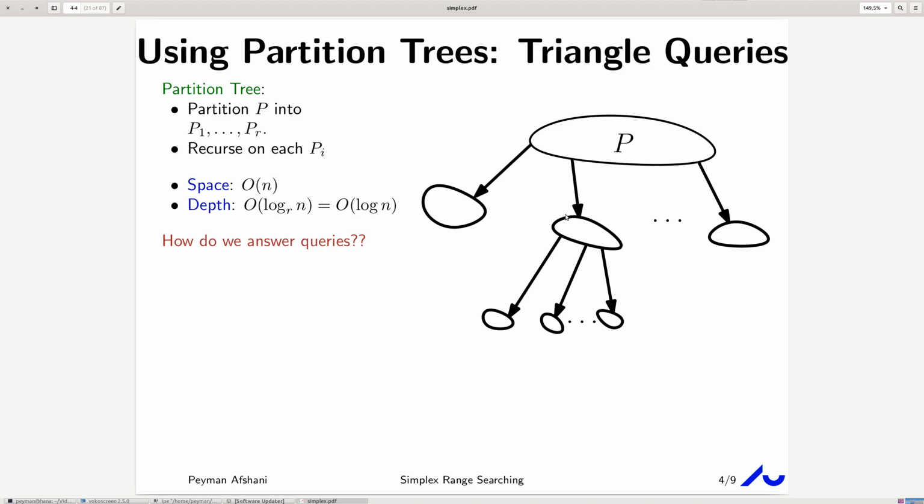That's a canonical set. Or if you think of it in terms of partition, you start with a canonical set P, you partition it into r subsets using the partition theorem. Each subset is a canonical set, and then you recurse on each partition.